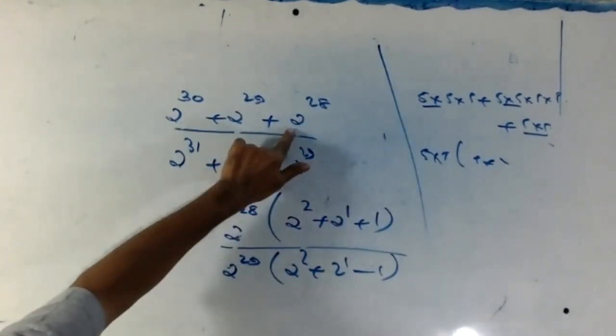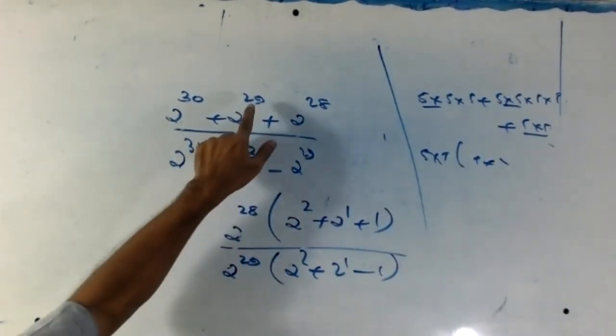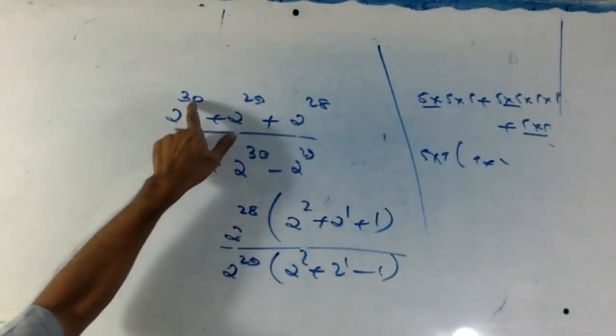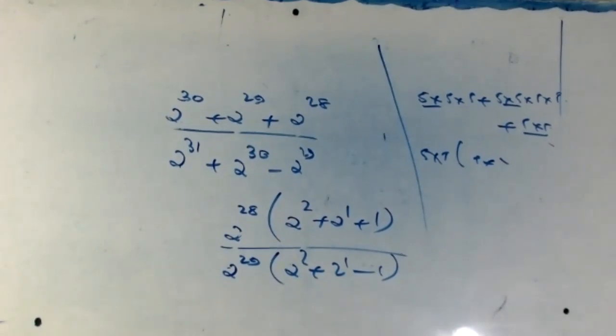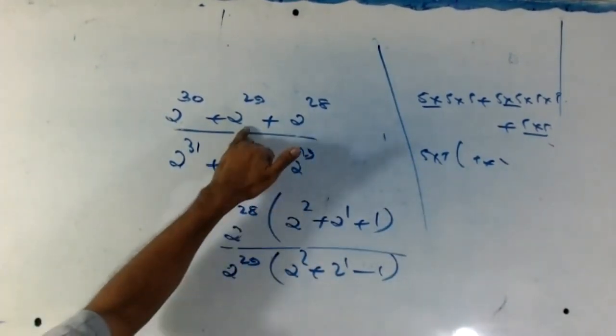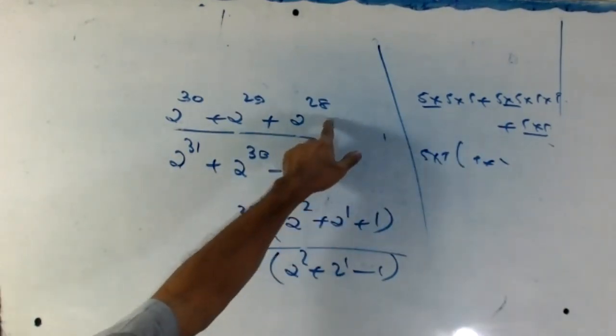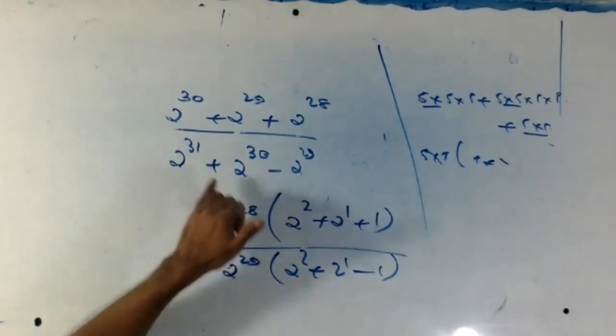Once again, 2 raised to 28 means 28 times 2, here 29 times 2, here 30 times 2. So we can take 2 raised to 28 outside. We cannot take 2 raised to 29 because here there is 28 only. Similarly, here 29 outside, balance 1 and 2.